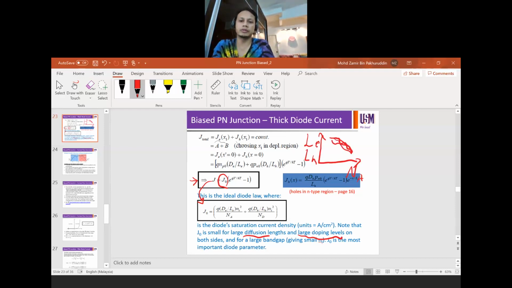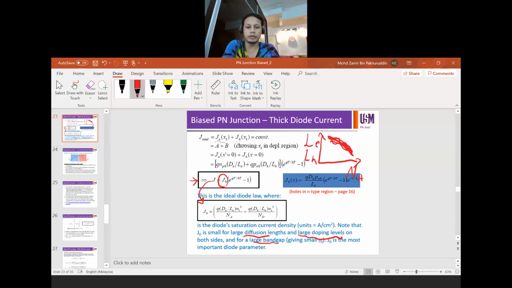So higher doping levels will lead to reduced diffusion length. This is a bit contradictory. That's why when you fabricate your device, you have to know your actual diffusion length. You can also use materials with a large band gap if you can, but if you can't, then you are pretty much stuck with the same band gap.